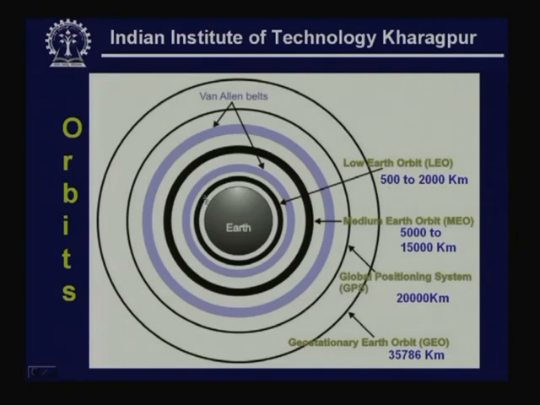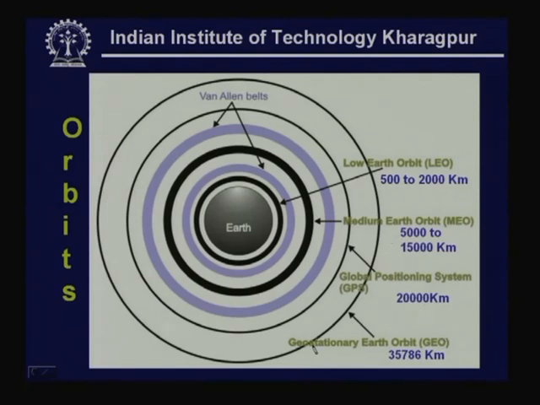As you can see, this is the orbit. So, the altitude is 500 to 2000 kilometer. On the other hand, the medium earth orbit, which is between the two Van Allen belts, is from 5000 to 15,000 kilometers. These are known as medium earth orbits or MEO satellites.